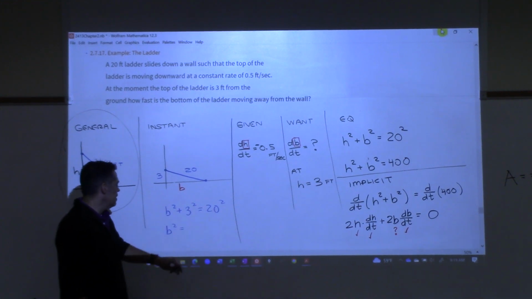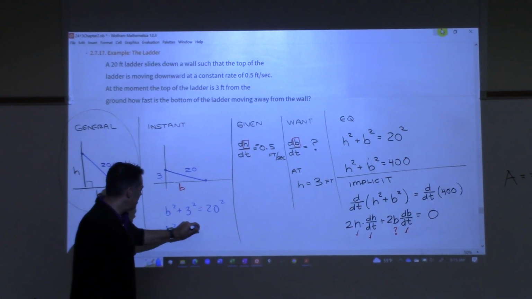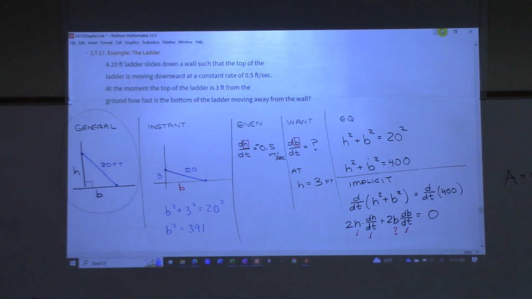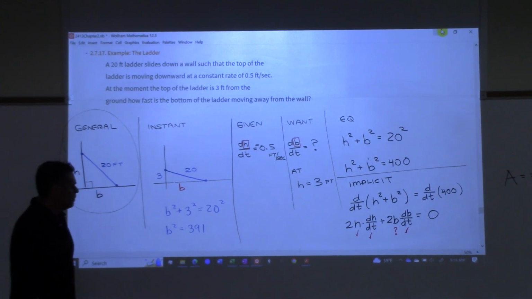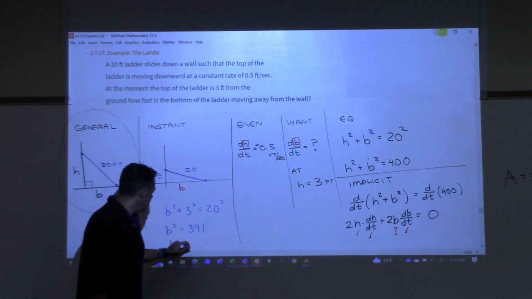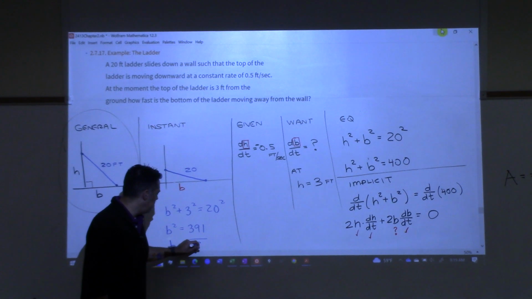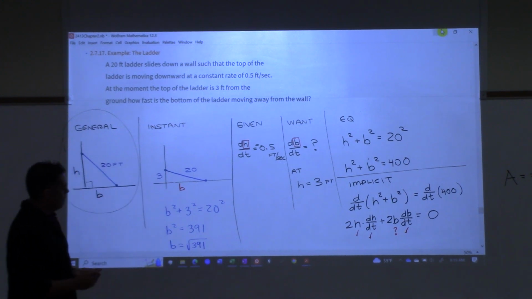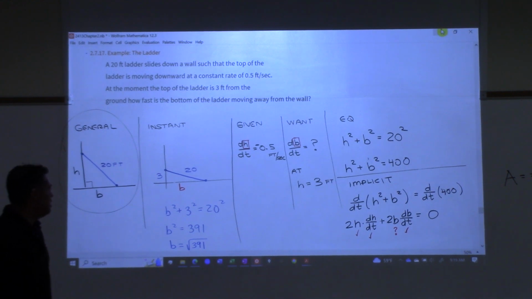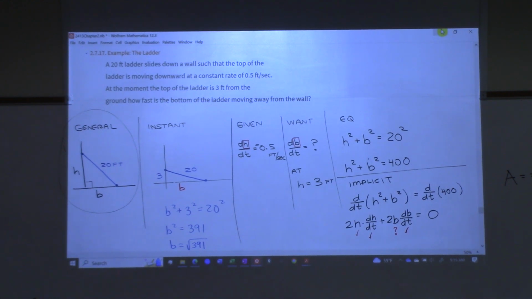You're going to subtract it. So what is that, 391? Then take the square root. And we will only take the positive root because it wouldn't make sense for b to be negative here. Square root of 391. I'm not even going to get that as a decimal. I'm just going to leave it like that for now.